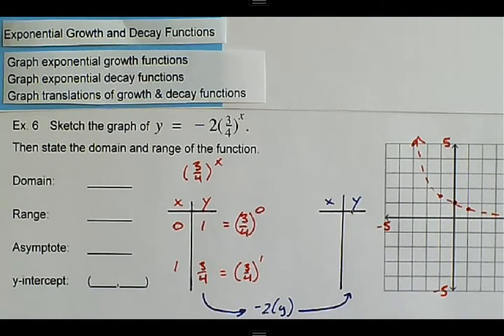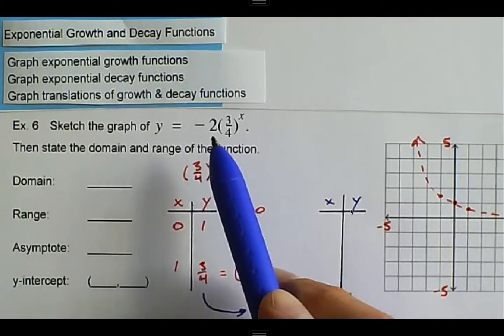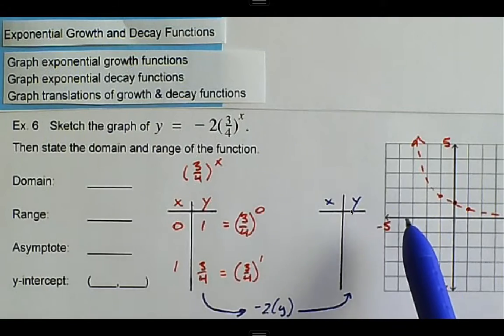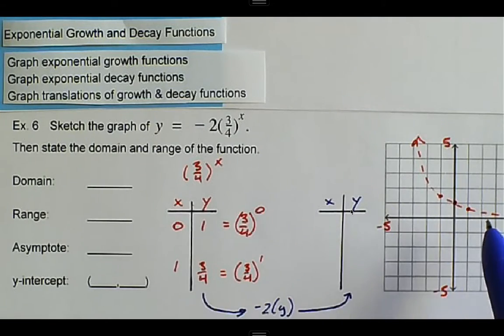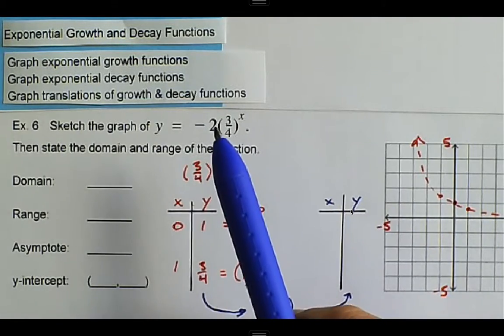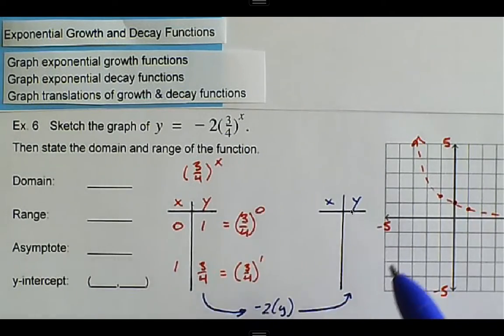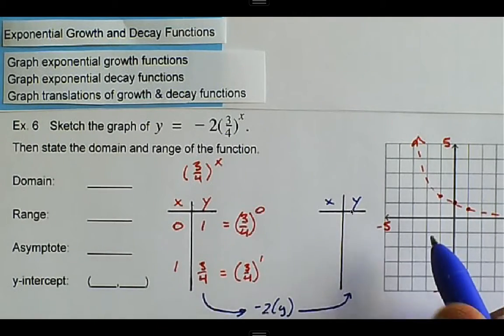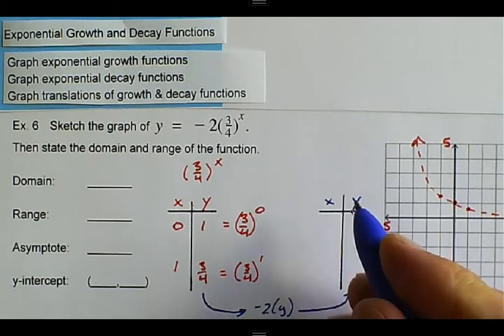The x values are going to stay the same though. So whenever our a value is negative, it's always going to flip it over the x-axis, and then we have a stretch of 2. So that's going to pull us away from the x-axis a little bit.